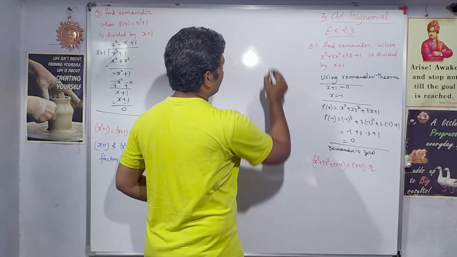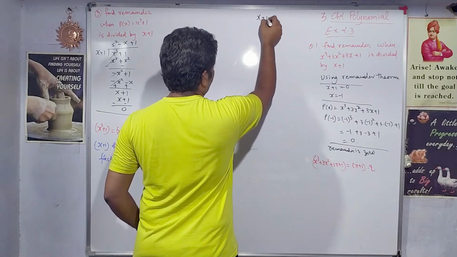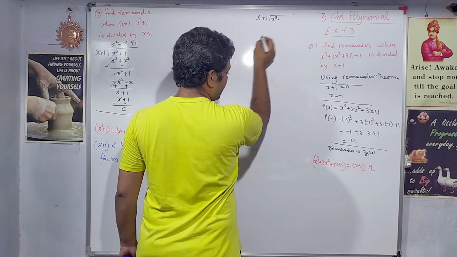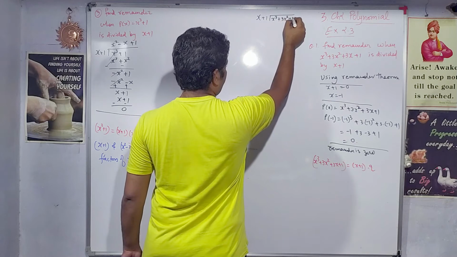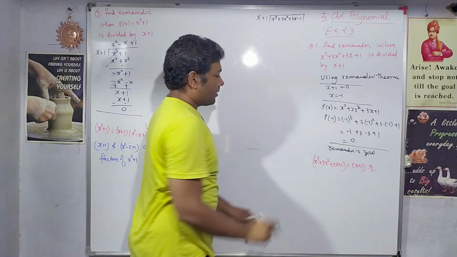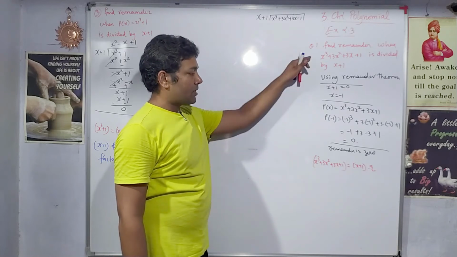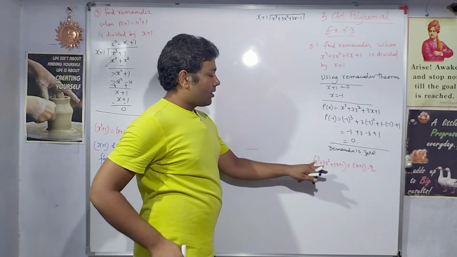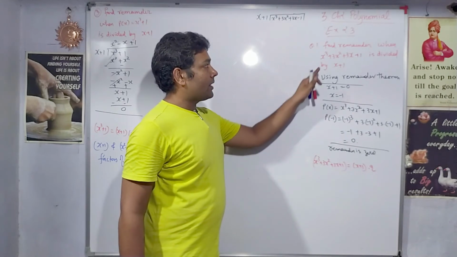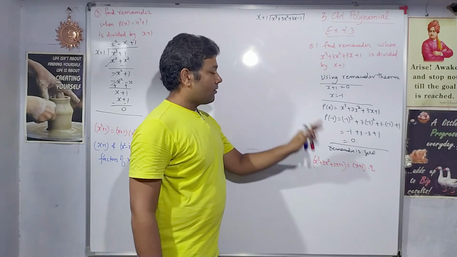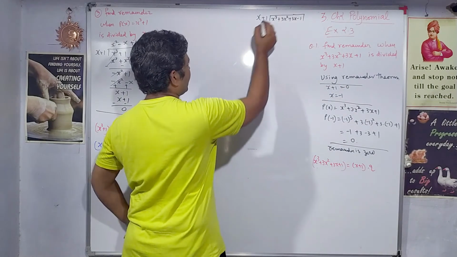Let us carry out the long division method. So x plus 1 divided into x cube plus 3x square plus 3x plus 1. This is not part of the solution, this is just some extra information I am showing you. As per the question, the answer is completed. But if we are asked to find the factors, this is how you can carry it out.